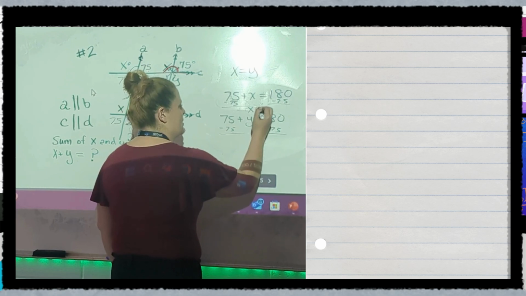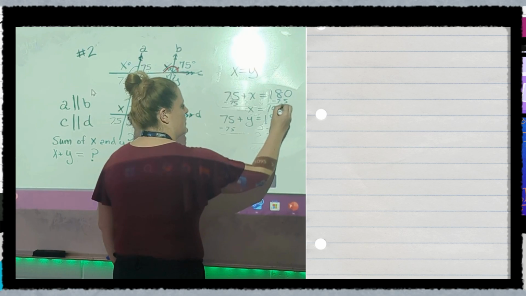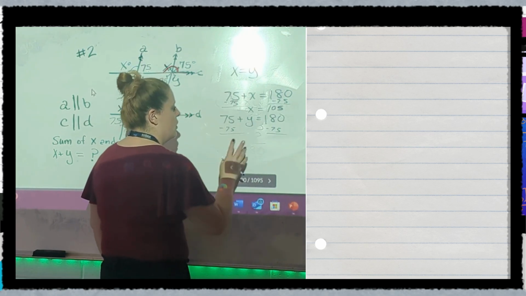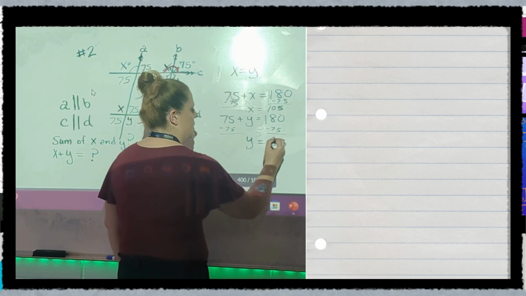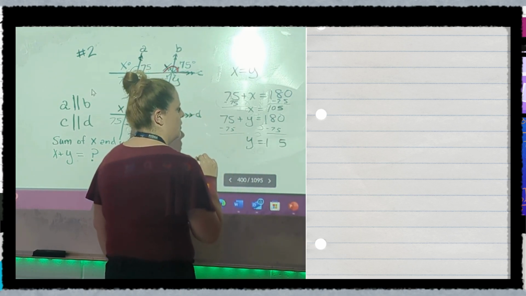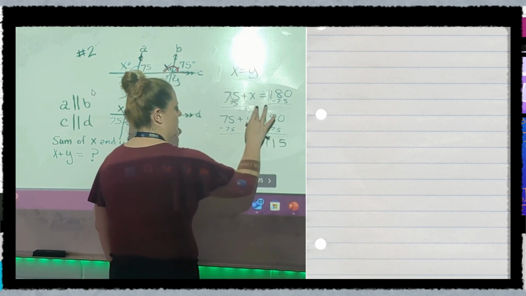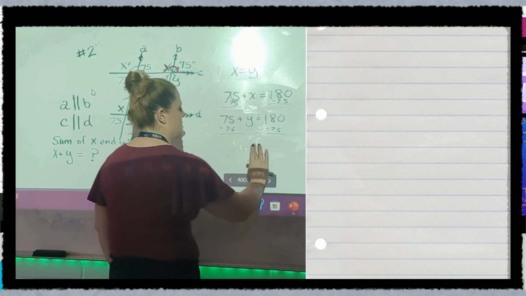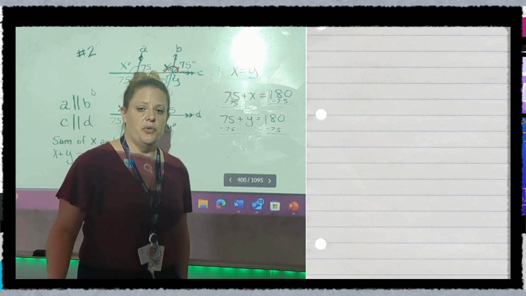But in either case, we get x is equal to 105, or y is equal to, oh, it's 115. Erase, erase. Okay? It doesn't matter which one you do or if you do both, they're equal.